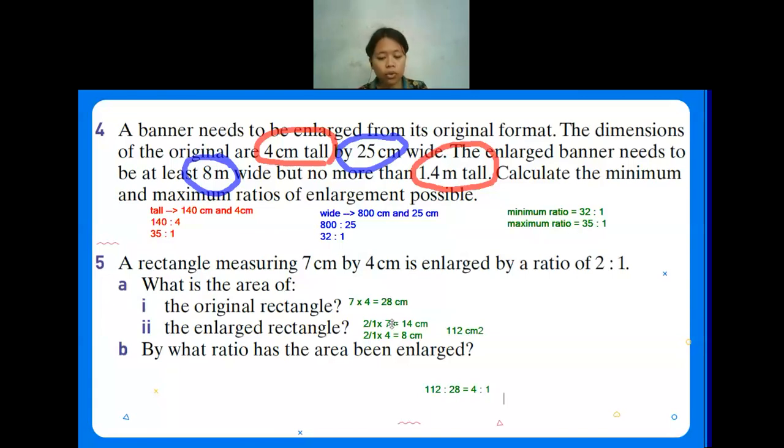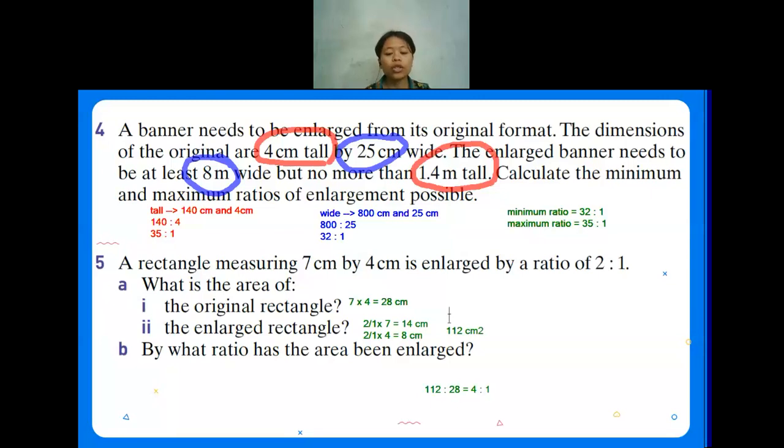Whenever we are going to find the area of a rectangle, we do length times width. The length is 7 centimeter, the width is 4 centimeter. That's why for the original rectangle, the area will be 28 centimeter. Then the enlarged rectangle, we enlarge it by the ratio 2 to 1.